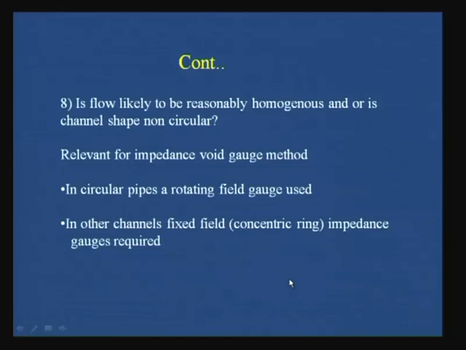What are the other things that we have to consider? Because we have to work over a wide range of flow situations, a large number of factors have to be considered for selection of the criteria. If the flow is reasonably homogeneous, fine, if it is bubbly flow. If it is not homogeneous, then definitely it becomes a problem.